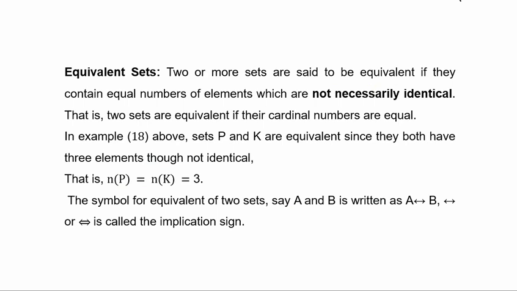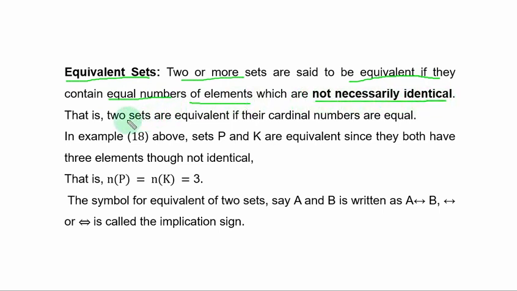The next relationship is equivalent sets. Two or more sets are said to be equivalent if they contain equal numbers of elements which are not necessarily identical.